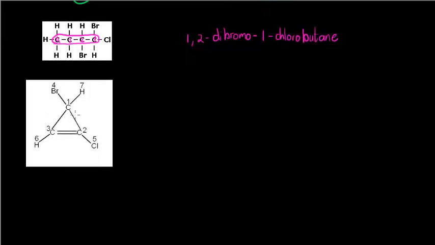Okay, here comes another one that at face value might look easy, but there's a few complications in it. The one thing is that we have a cyclo, we have a ring here, so this is a cyclopropene. Because we have a double bond, it's a propene.